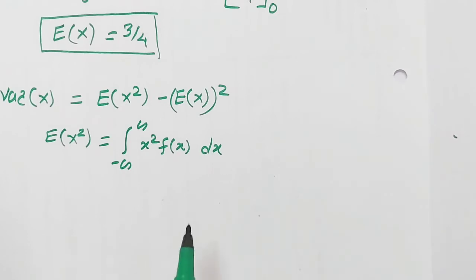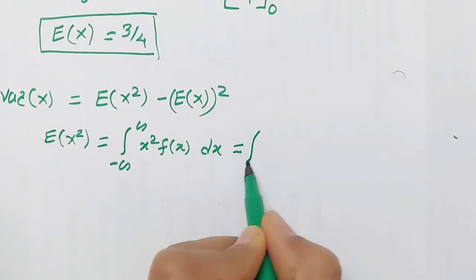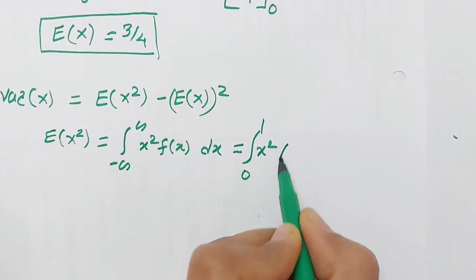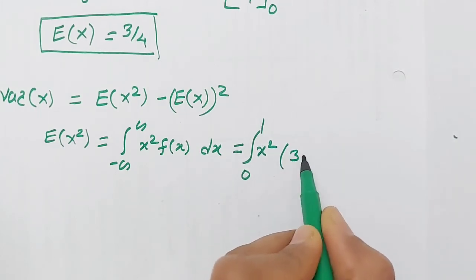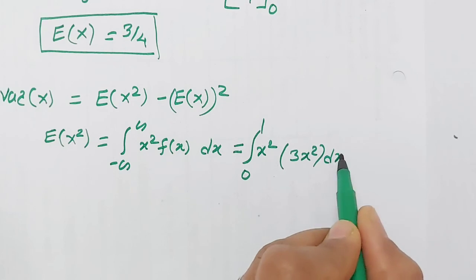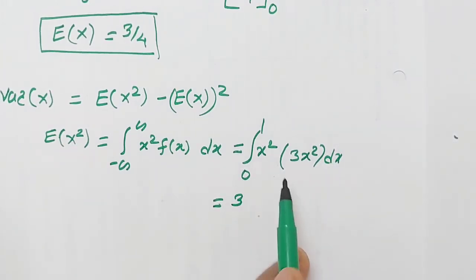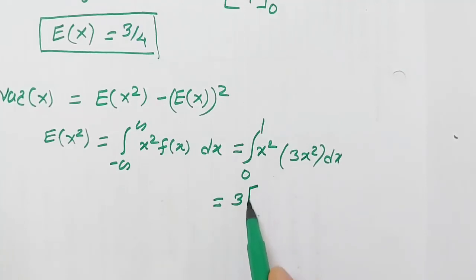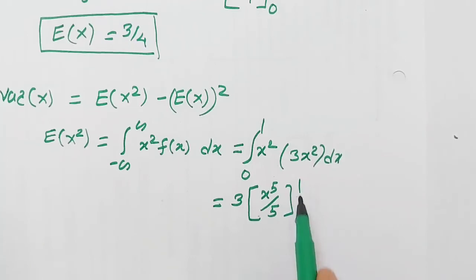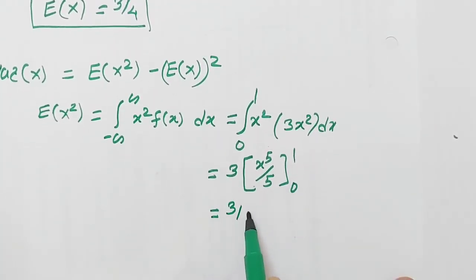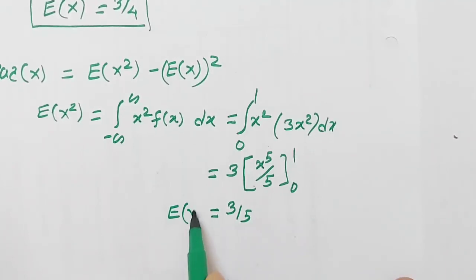If we break this term, it is the integral from 0 to 1 of x square, and in this integral the value of the function is 3x square, dx. Again the constant we can take outside. Integration of x raised to the power 4 is x raised to the power 5 by 5. If we put the upper limit minus the lower limit, it is 3 by 5 for expectation of x square.